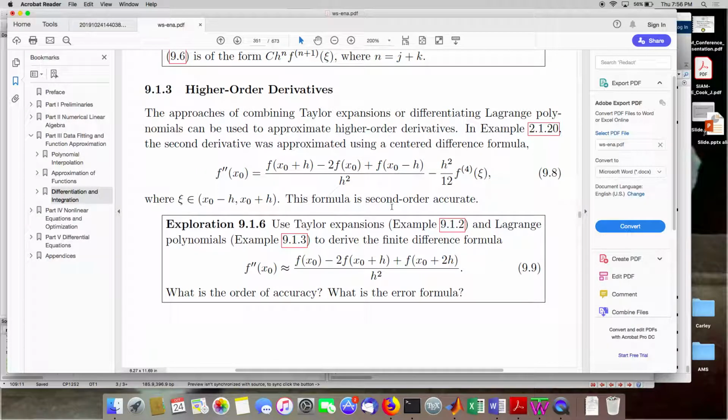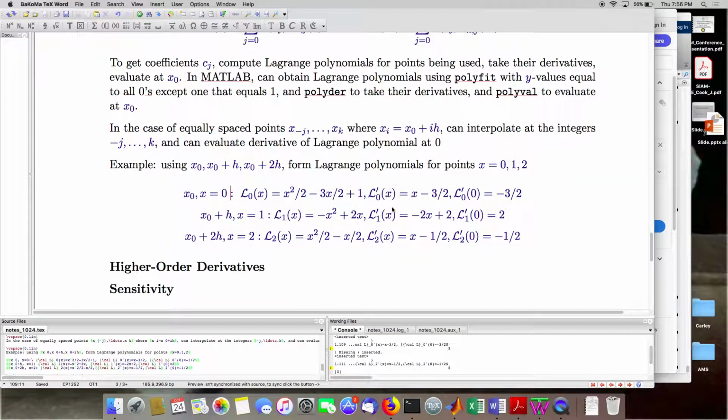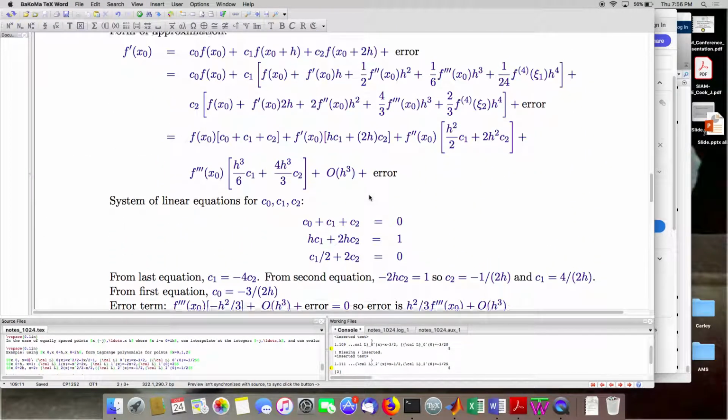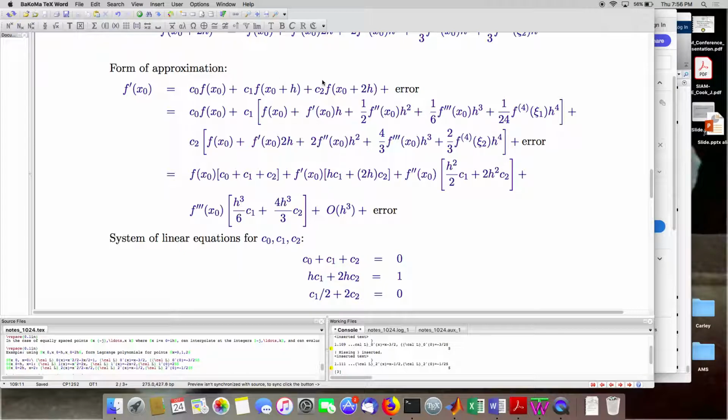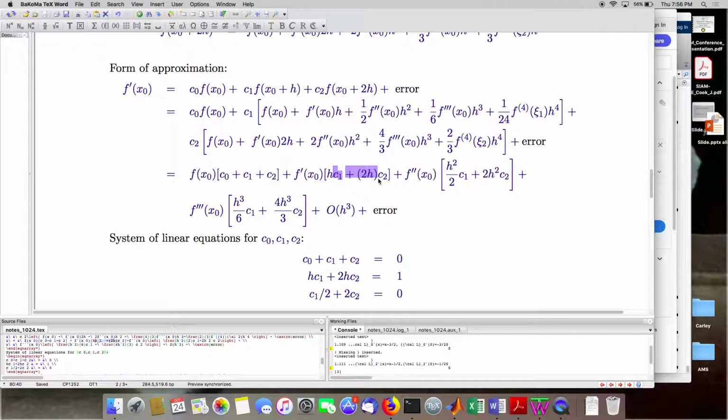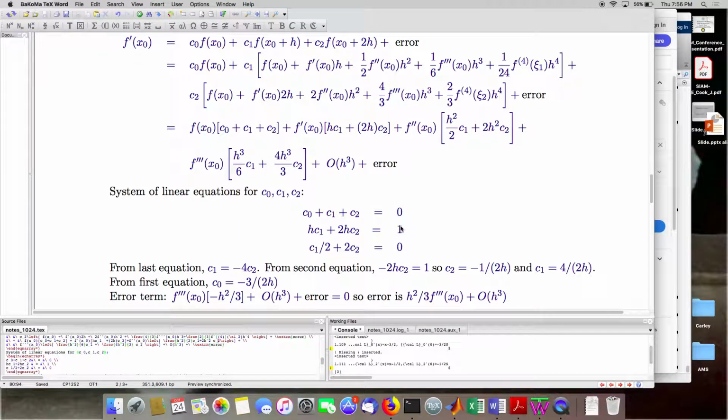You can use Taylor series, but what would happen is, for example, suppose I was using these same points to approximate the second derivative. All of this would be the same until I got down to here, and I would set this equal to 0 and this equal to 1. So the 1 would move down. In your system of equations, whatever derivative you're trying to approximate has a 1 on the right side.